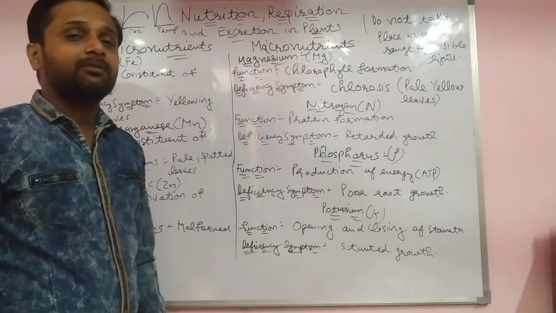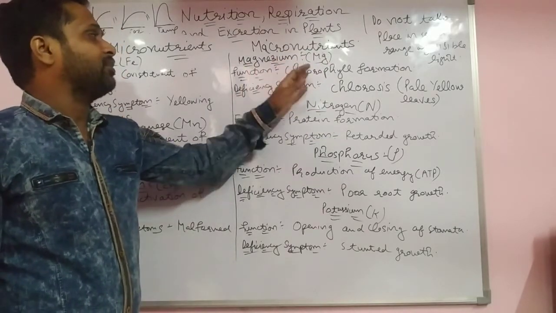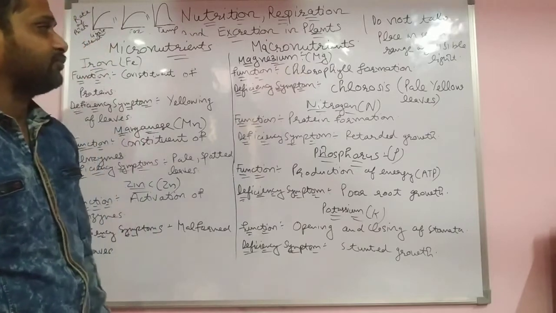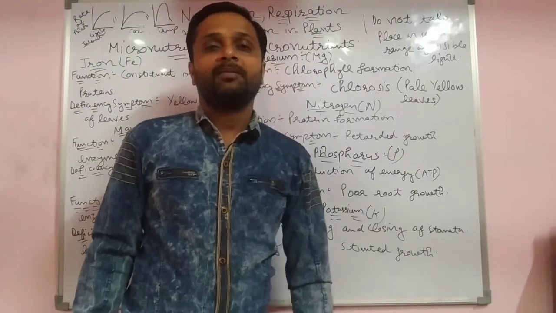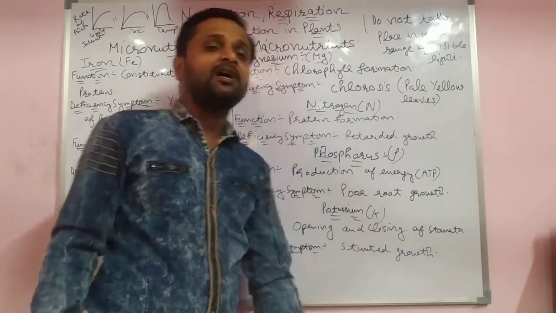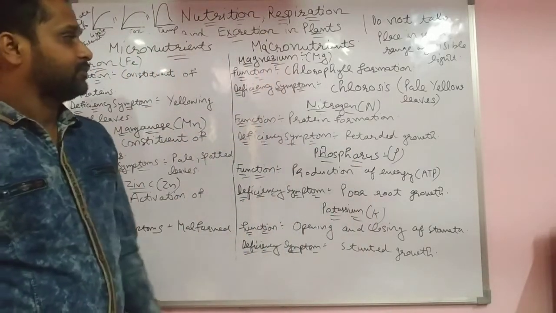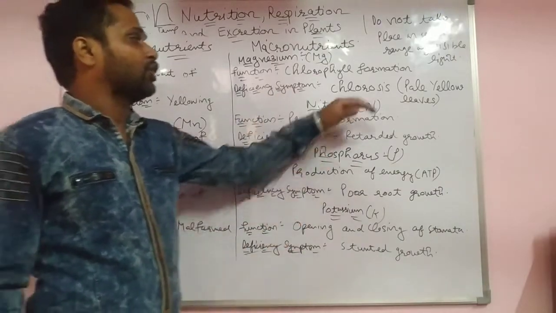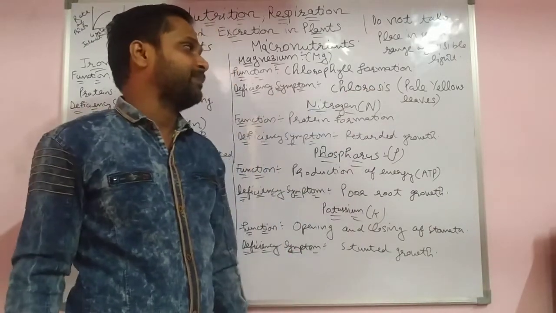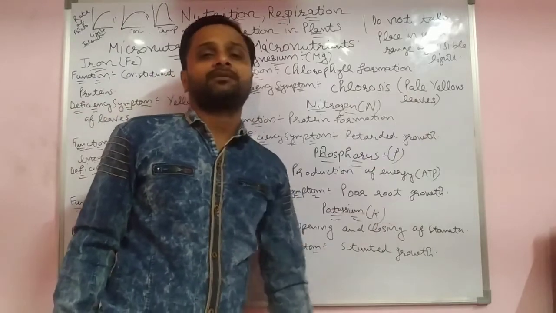Now we discuss macronutrients. Macronutrient: magnesium. Function: helps in the formation of chlorophyll. The main function of magnesium is the formation of chlorophyll, students. Deficiency symptom: chlorosis. That is the problem in the plant. Pale yellow leaves are there.